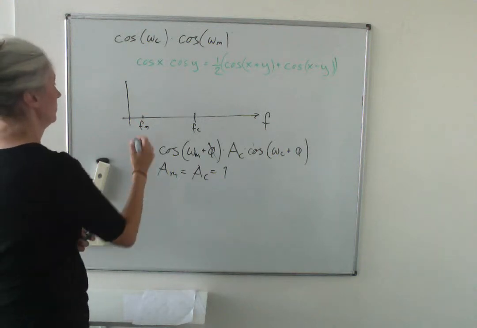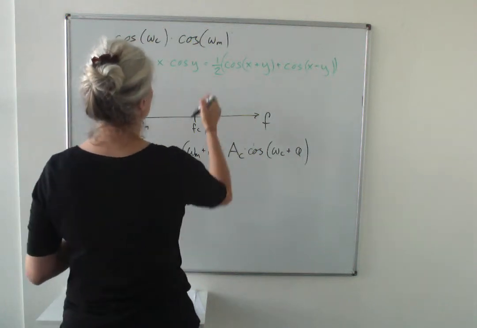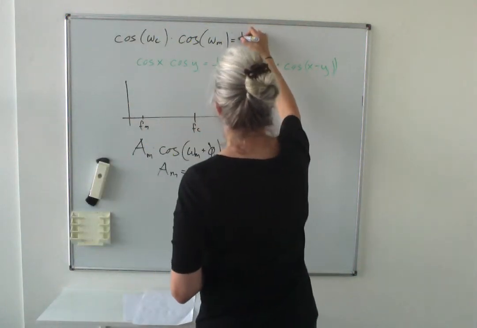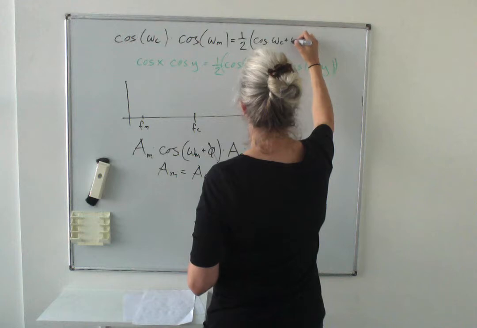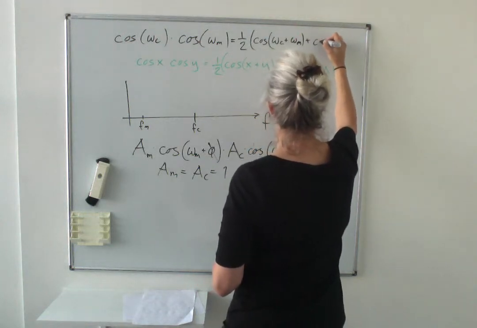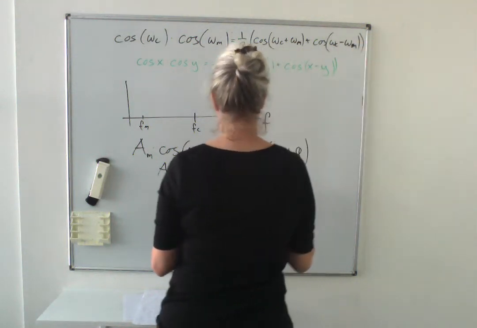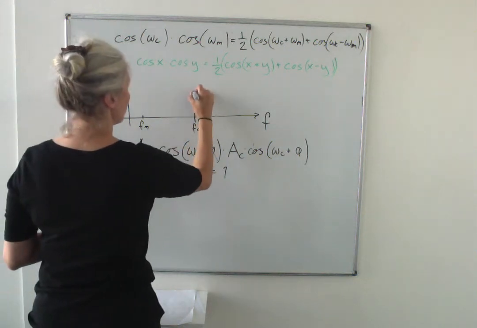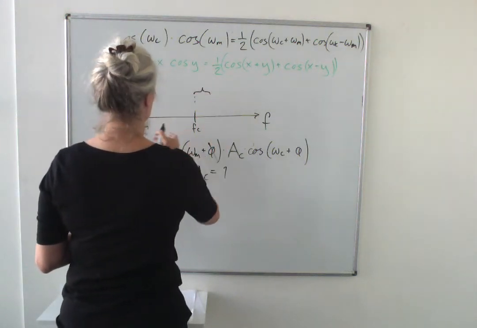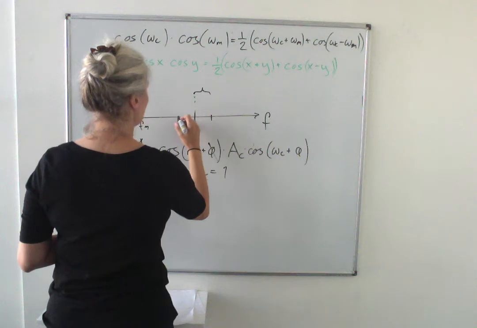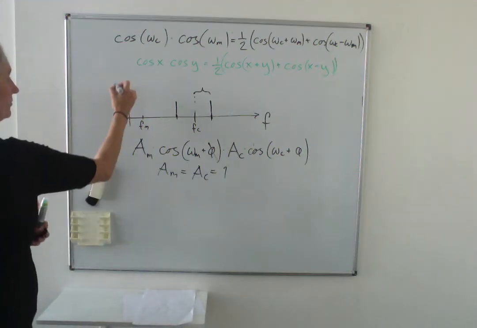And the resulting frequency spectrum will be then cos omega C plus omega M plus cos omega C minus omega M. So centered around the carrier frequency, but at a distance that is equal to the modulator frequency, we will have two components, and there will be half the amplitude.